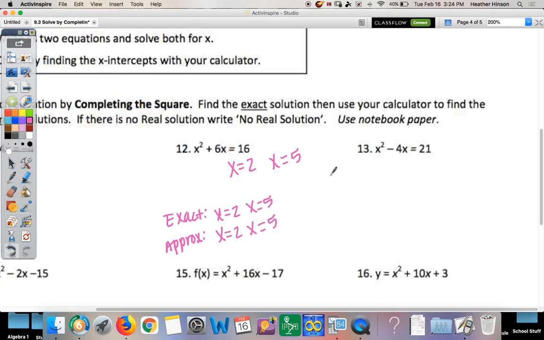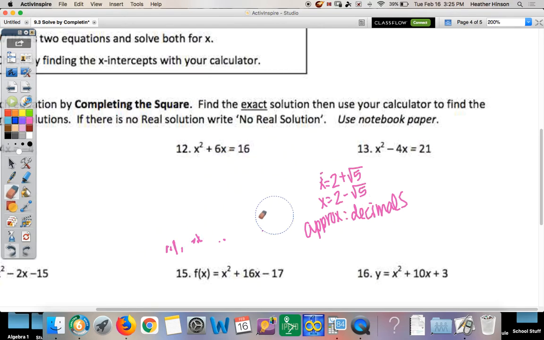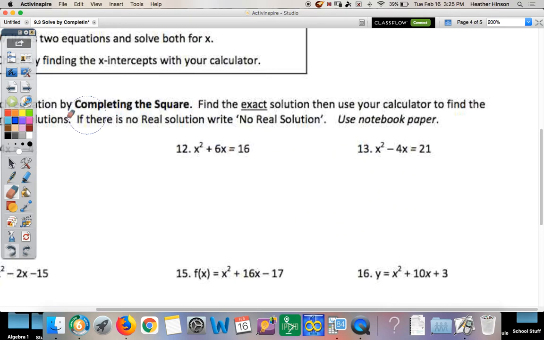If you get something like 2 plus square root of 5 and 2 minus square root of 5, those are going to be your exact, and then your approximate would be the decimals. So if they're good numbers, put it for both. If they're non-perfect numbers, the exact are your square roots, the approximate are your decimals. So I'm going to do 2 of them with you just to make sure you got it.